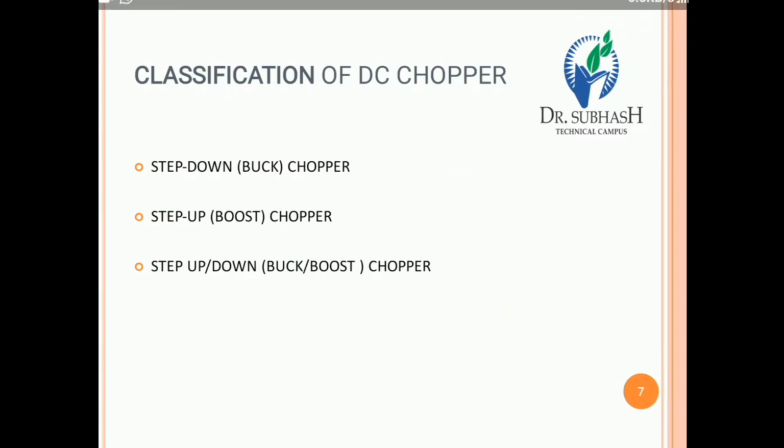Now the classification of DC chopper circuits. Basically there are three types of DC chopper circuit. First, step down chopper. Second, step up chopper.